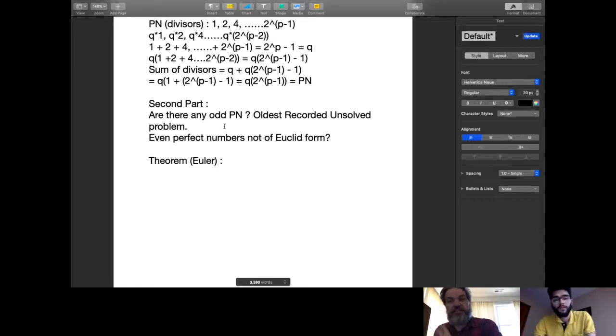It says the following: every even perfect number is of that form.